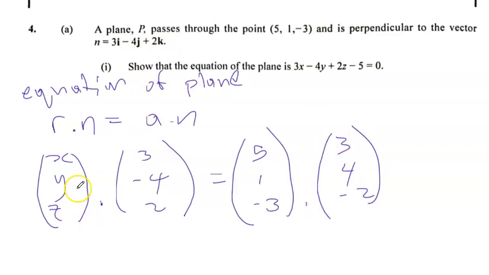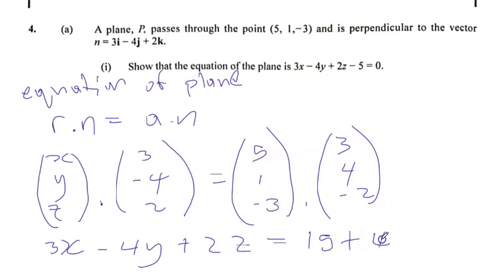So we're taking a dot product. x times 3, that's 3x. y times minus 4, that's minus 4y. Plus 2 times z, that's 2z. And then the dot product, 5 times 3, that's 15. Plus 1 times minus 4, that's minus 4.